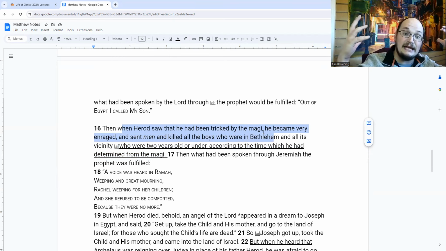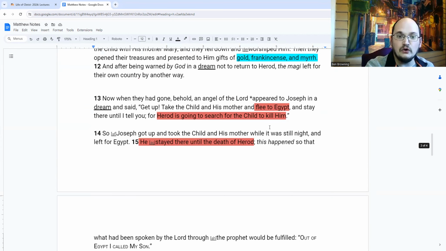You have a wicked king, and he ends up killing all of these Israelite boys. Next, what do we have? We see the people of Israel. We see God's people, or Jesus as a representative of God's people, having to flee. But here's the difference.